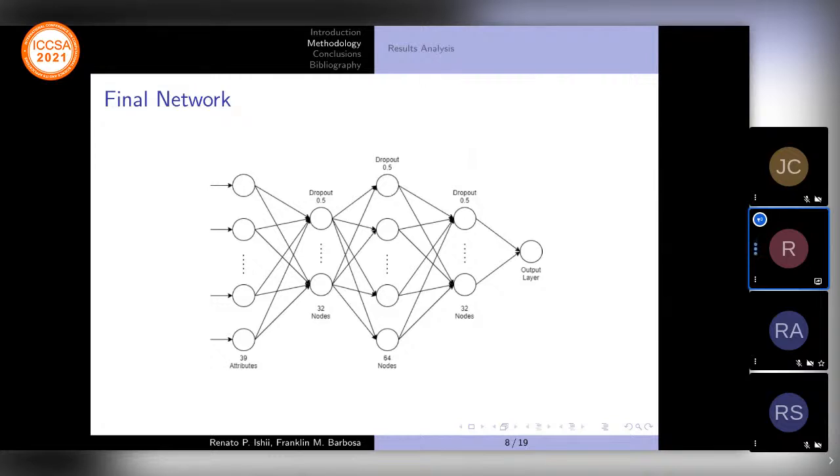The function used in the hidden layers was the rectified linear unit, ReLU, and the hyperbolic tangent function for the output layer. When we compile the model, the RMSprop algorithm was used as optimizer, and the loss function used was cross entropy. Finally, the model was trained for 100 epochs with a batch size of 32.